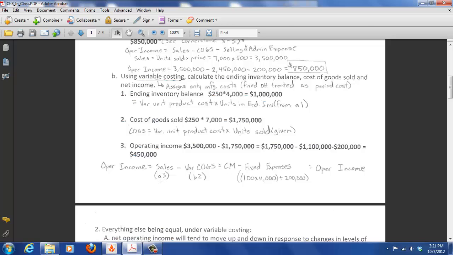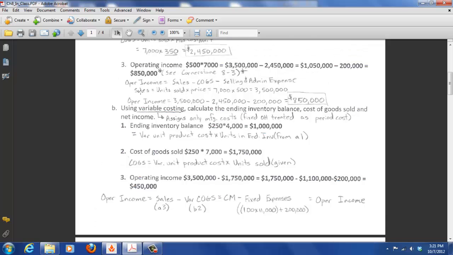Some of these items we have already calculated. We have the sales up here from A3. Regardless of which method we're using, we still know that we've sold 7,000 units, and they sold for $500 apiece. So that gives us our 3.5 million in this equation.